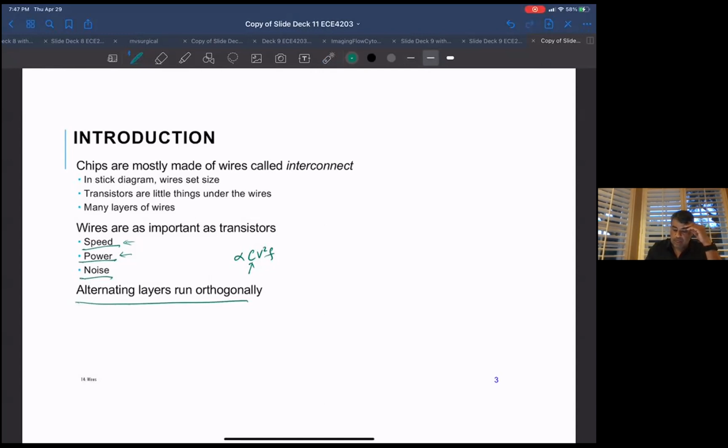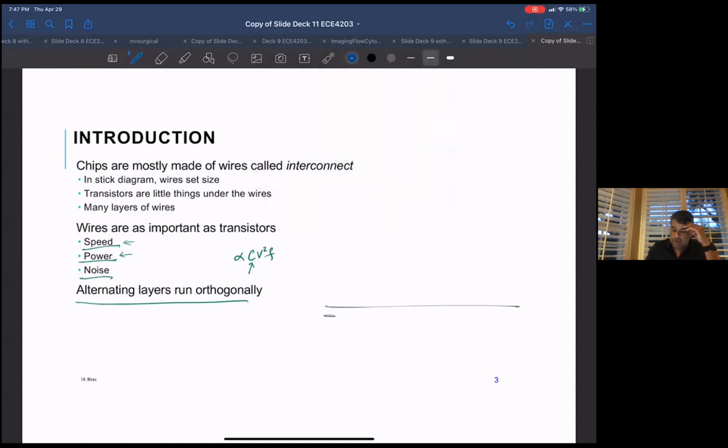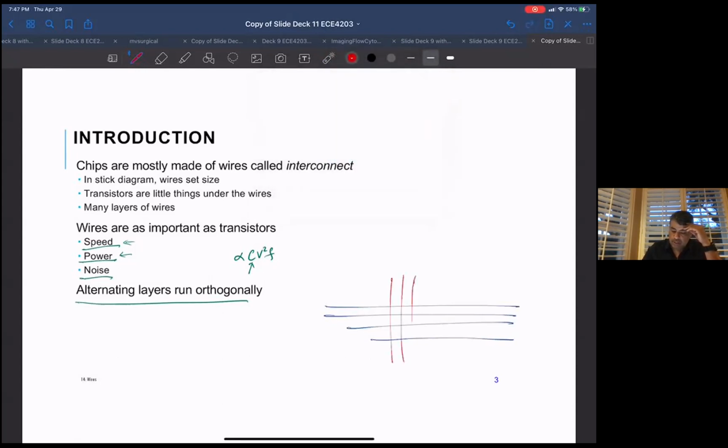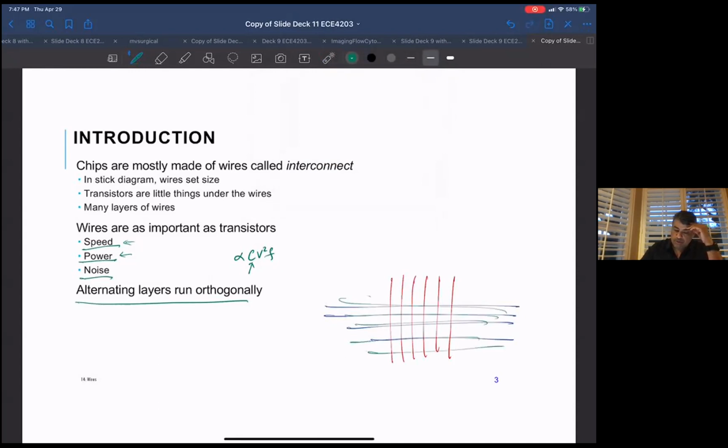Okay, so that way, let's say you have metal one run horizontally, metal two run vertically, metal three run horizontally, and metal four vertically.